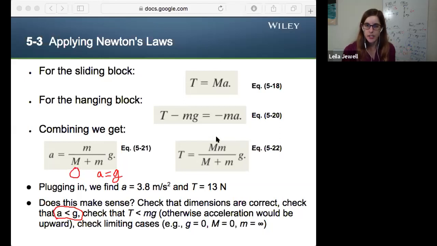That's going to disappear in the denominator. The numerator is going to be much smaller than the denominator, and so the tension will approach 0. So if the hanging mass becomes big enough, then it's like there is no sliding block. You don't even notice it. It's just that hanging block is going to be falling and accelerating in free fall. So this brings us to the end of this example.